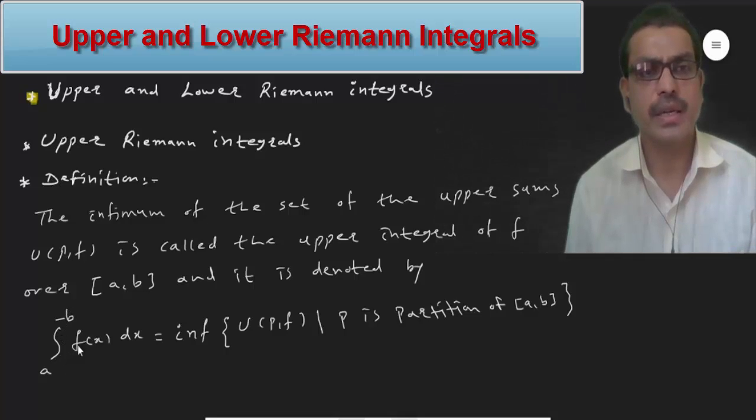That is, the integral of f(x) dx is equal to the infimum of the upper sums, and it is called the upper integral of f. Here it is the infimum of the set of upper sums U(P, f), where P is a partition of the closed interval [a, b]. This is the definition of the upper Riemann integral.